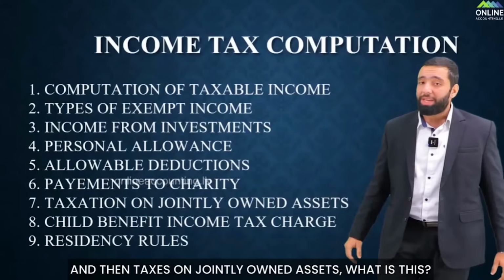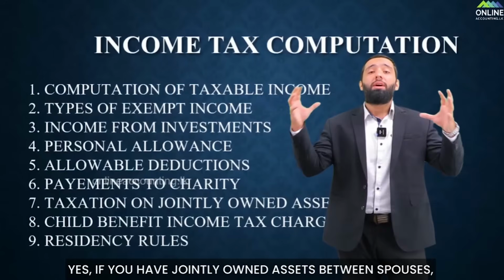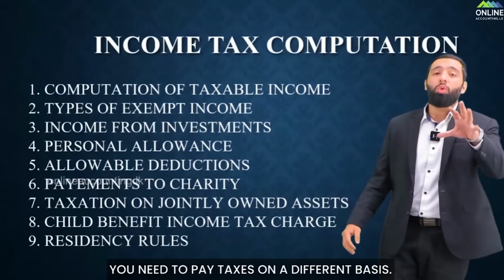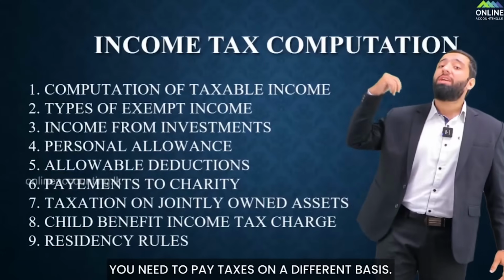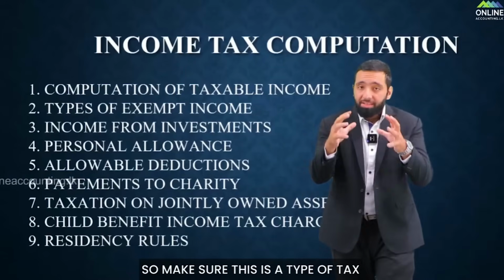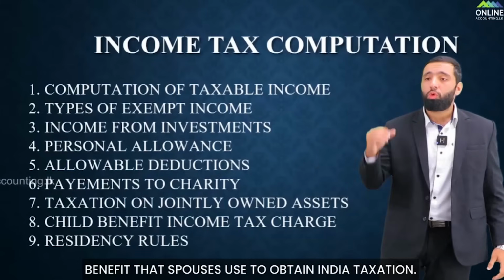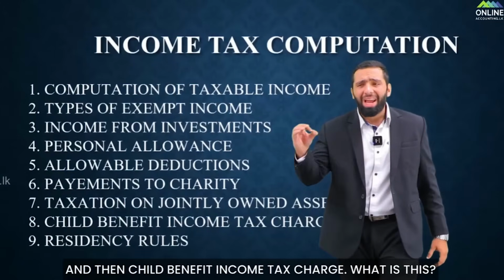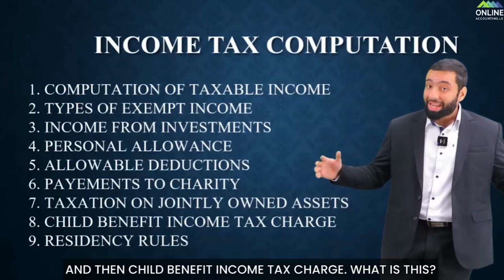What is this? Yes, if you have jointly owned assets between spouses, you need to pay taxes on a different basis. So make sure this is a type of tax benefit that spouses use to obtain in their taxation. And then child benefit income tax charge. What is this?